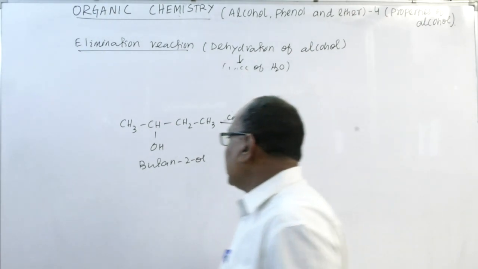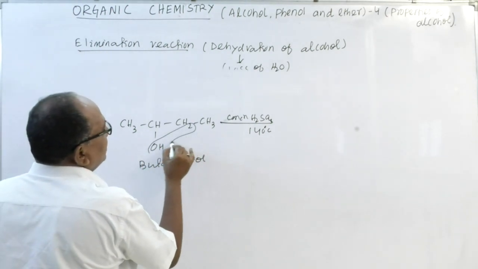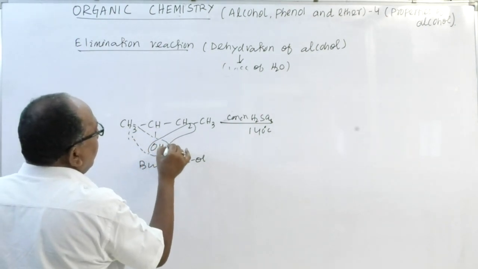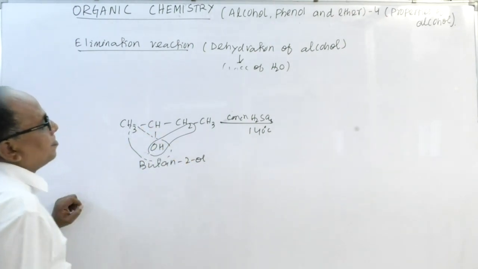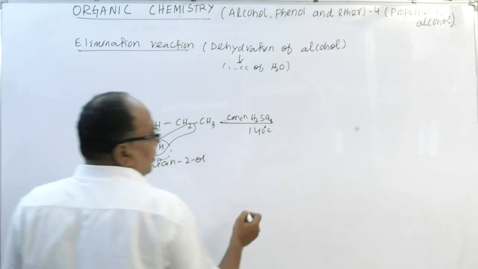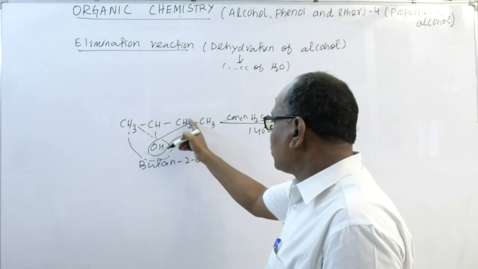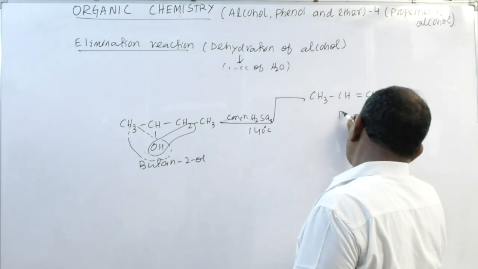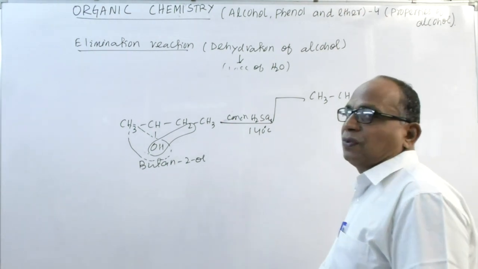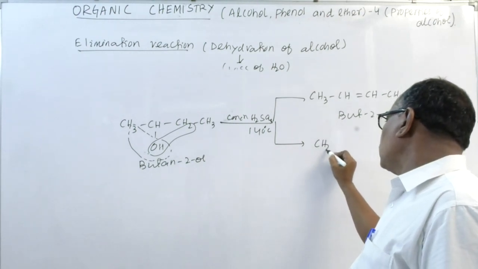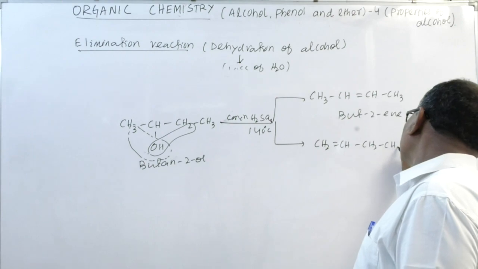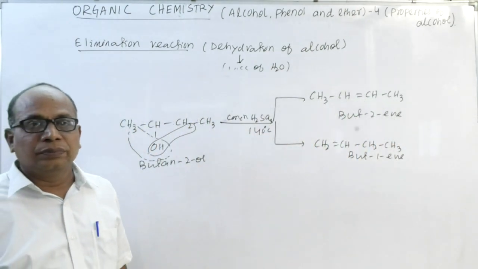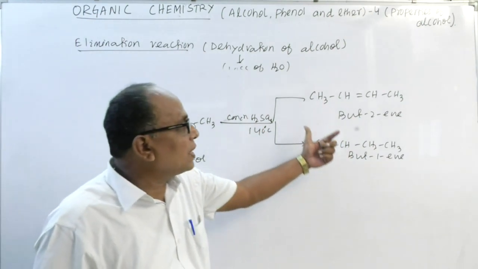It gives two types of product, as one elimination may take place on this alpha side and another elimination may take place on this side. So you will get two types of product. One is CH3 CH double bond CH CH3, which is called but-2-ene, and the other is CH2 double bond CH CH2 CH3, which is but-1-ene. So this is according to Saytzeff's rule.